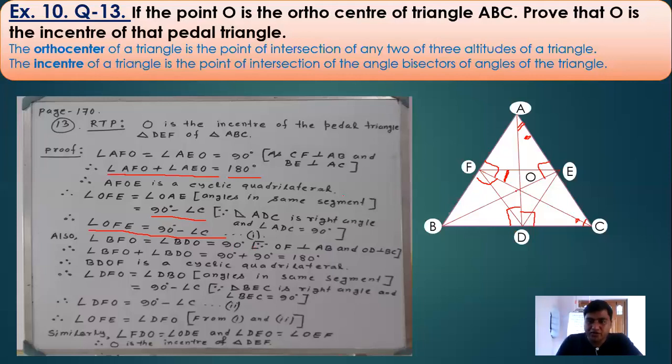So these 4 points O, F, B, D lie on the same circle.